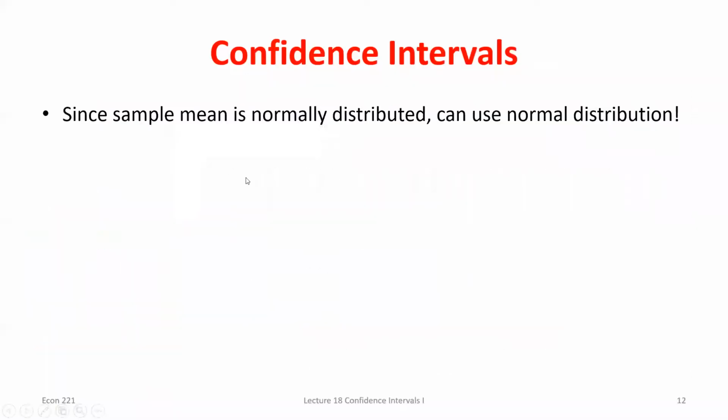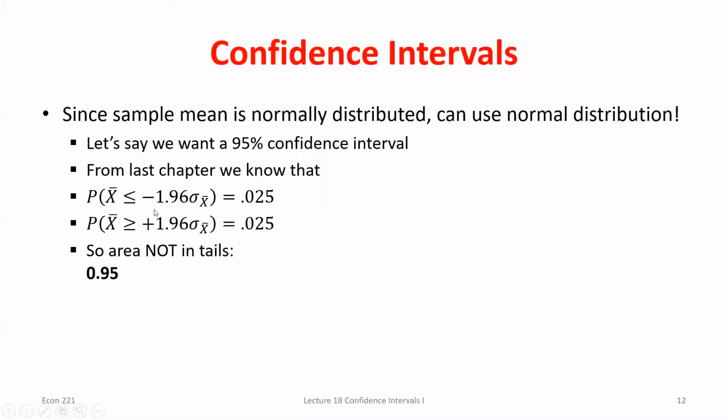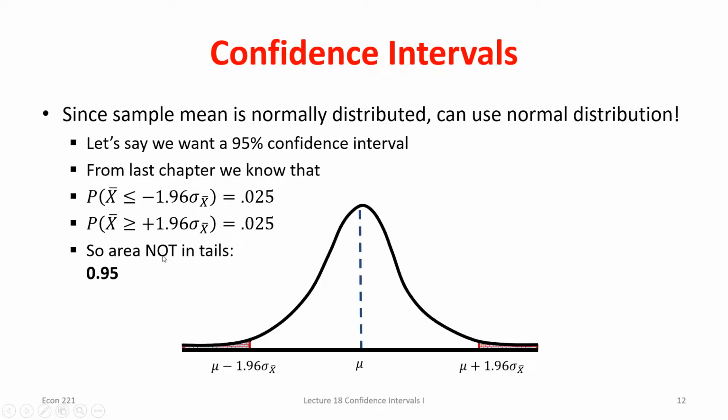So we know the probability that we're 1.96 standard deviations above the mean or more, or 1.96 standard deviations below the mean or more, are both 0.025. So the area that's not in the tails, this blue area, is going to be 0.95. How can we use this to build our confidence interval?